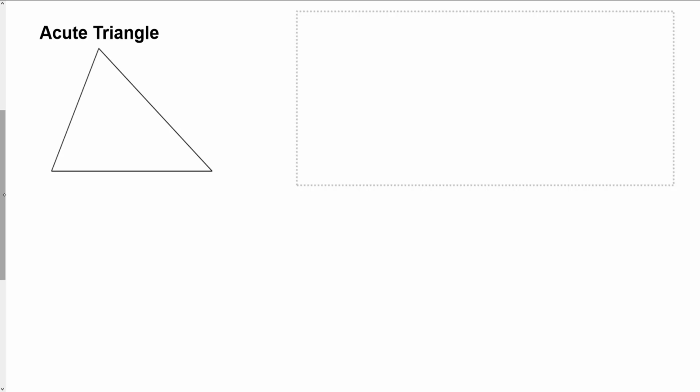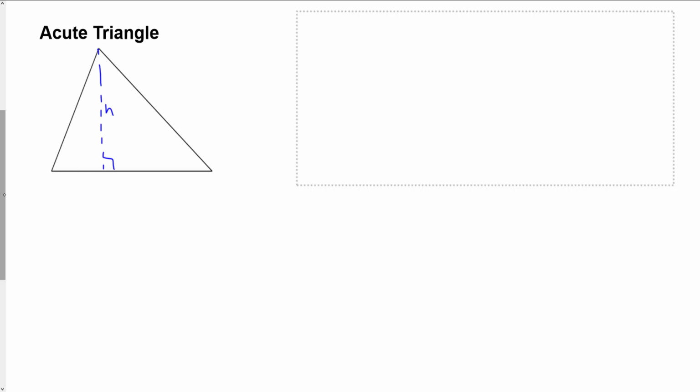So basically our approach is to decompose this triangle into right triangles. If I drop a line from the top, and I could use any of the angles, so that it's perpendicular with the base, I've created two right triangles now. We call this line the height of the triangle.